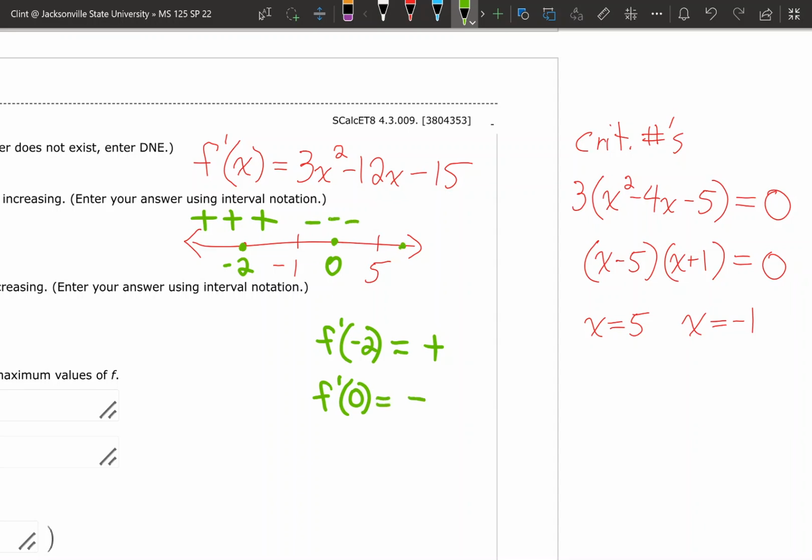Then we need something bigger than 5, like 6. If we plug in 6, 6 minus 5 is 1, 6 plus 1 is 7, and 1 times 7 is positive. So in this last region, we're positive.